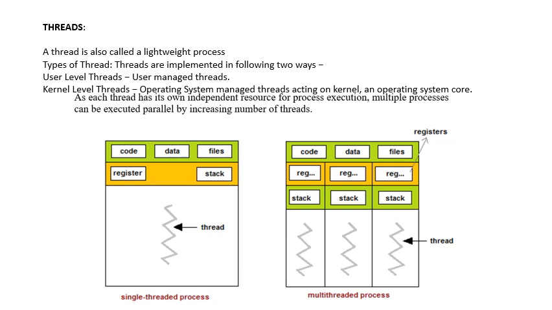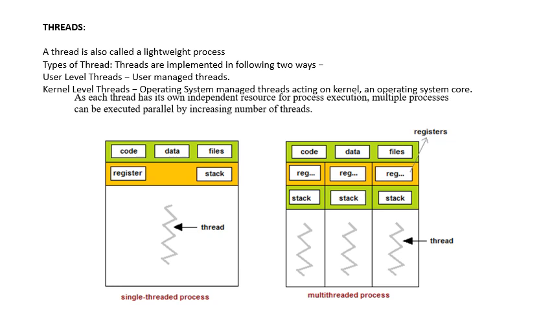But the main disadvantage of user level threads is that if one user level thread performs a blocking operation, then the entire process will be blocked.